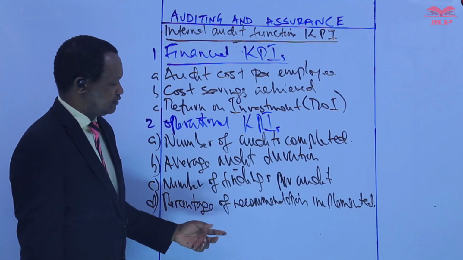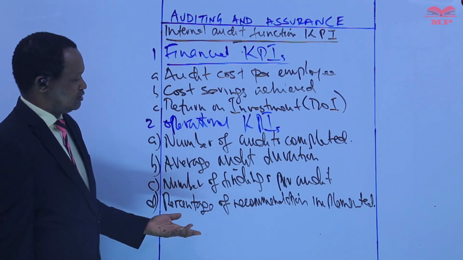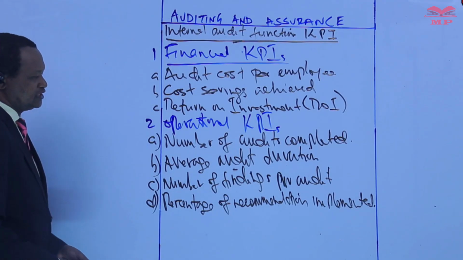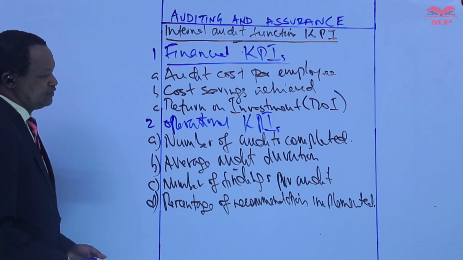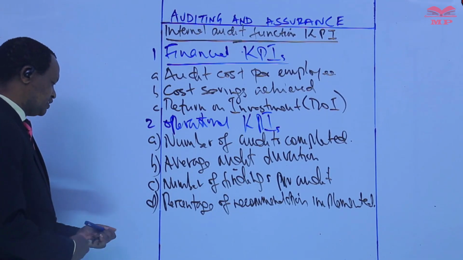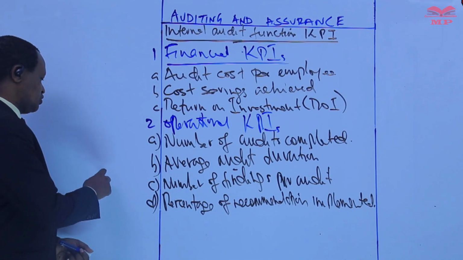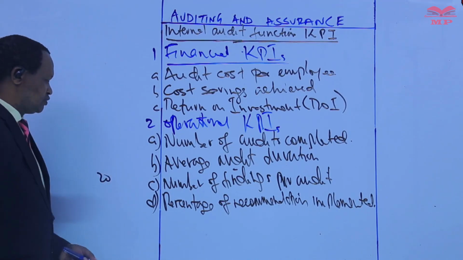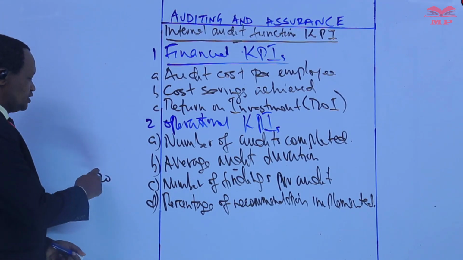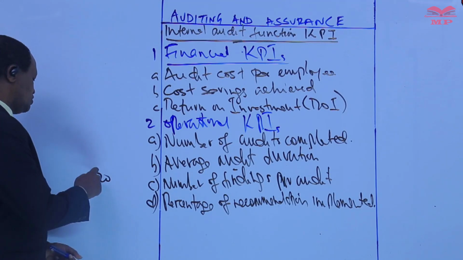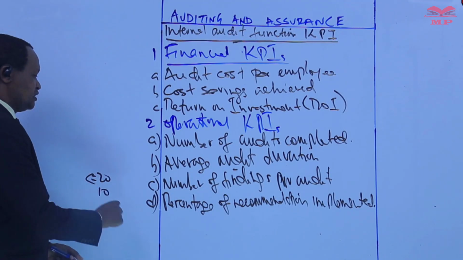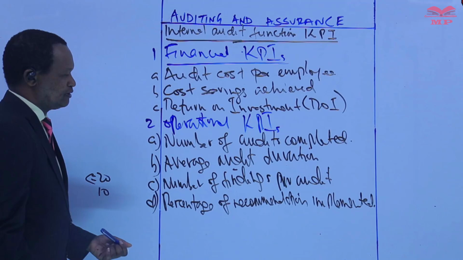So if the internal audit function has identified, say, 20 issues, and out of these 20 issues, only 10 have been acted upon by management.